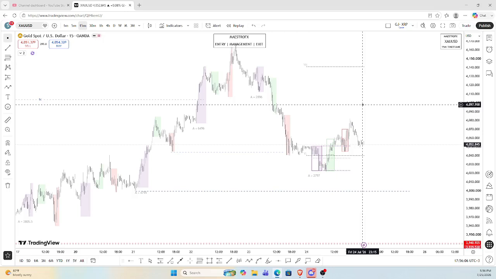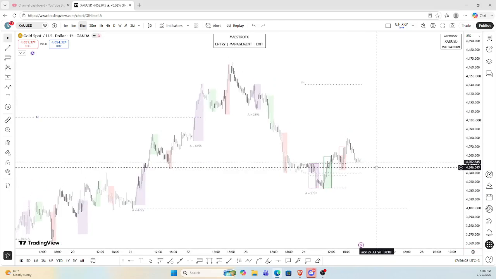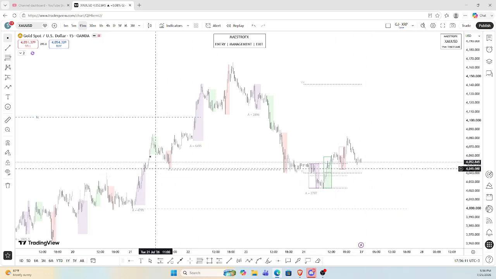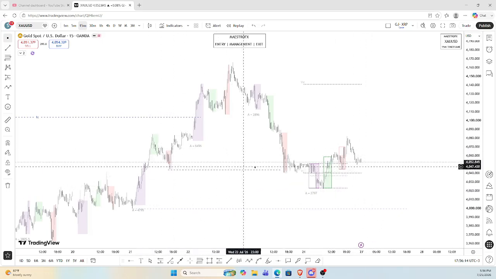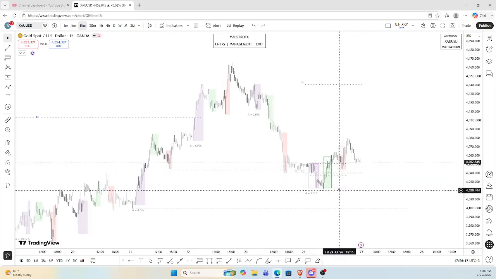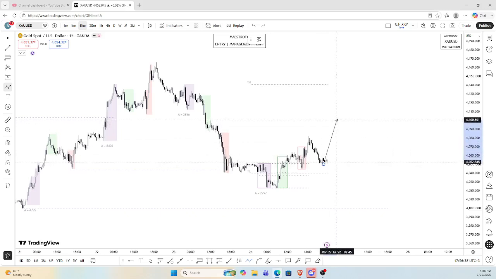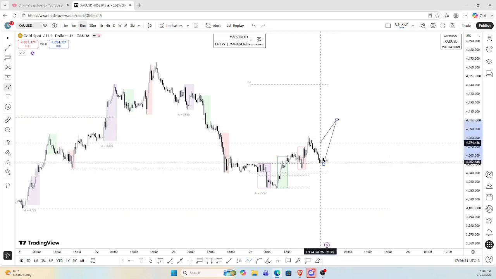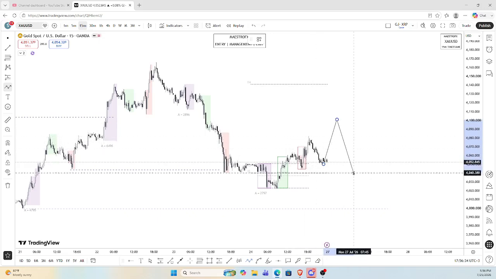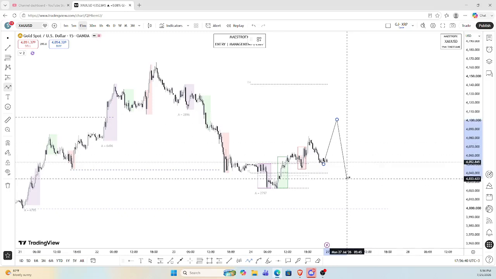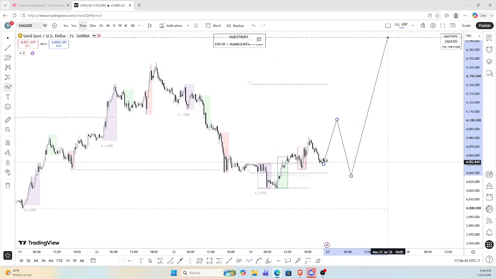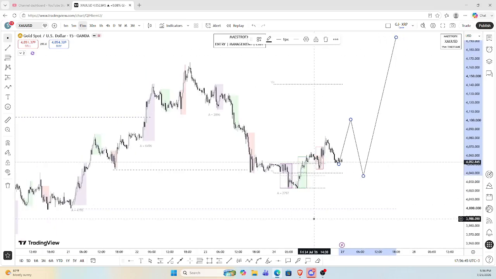Okay, and for this case, I think yes, probably this sweep of internal liquidity could push this price higher, but for us to really confirm that, we need to have this follow through, which you are going to label as a breakout structure. Then probably you can look for these longs, these continuation longs to push the price further up.